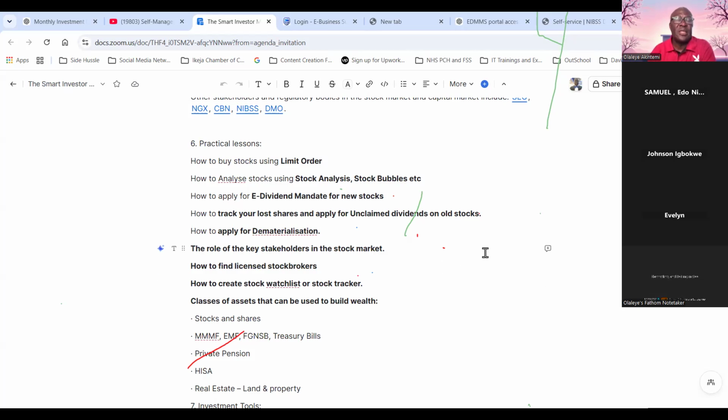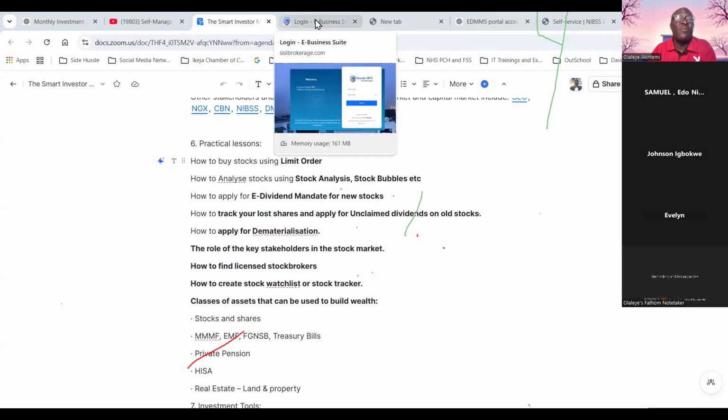I should have bookmarked this somewhere here. I've put that information in the Smart Investor Telegram group. So now I have to go and look for it. It's somewhere there, but let me go and look for it. If I had put a link here, it would have been a lot easier. But let's see. Okay, right. Let me go to the Telegram group and see if I can find that information, the process they need to follow.